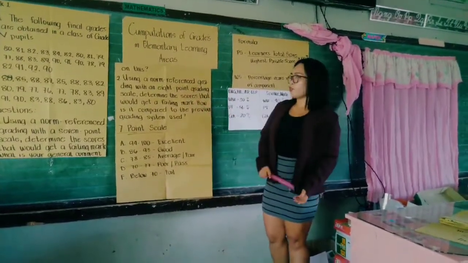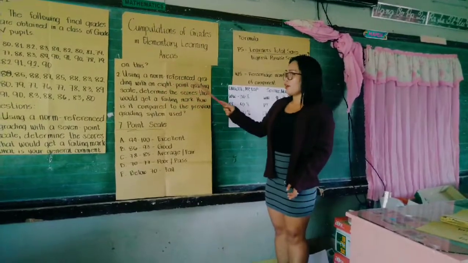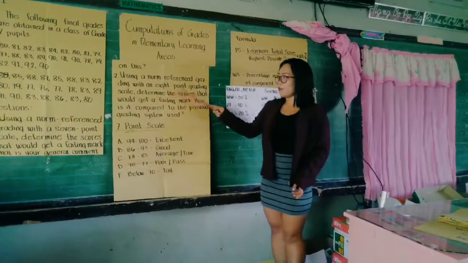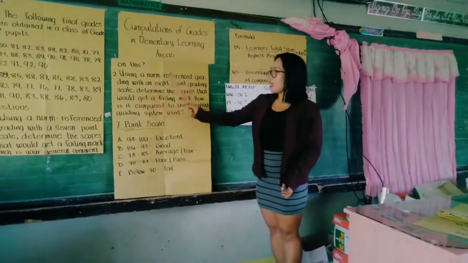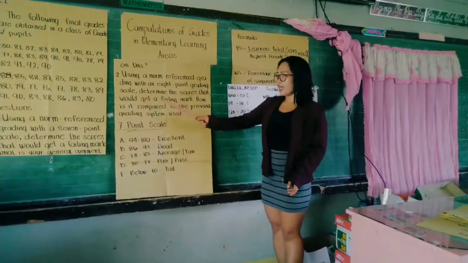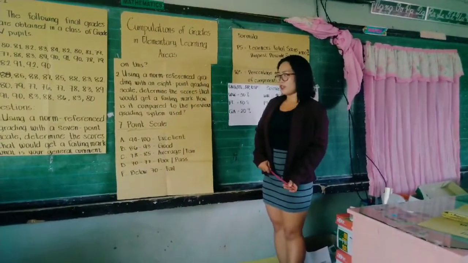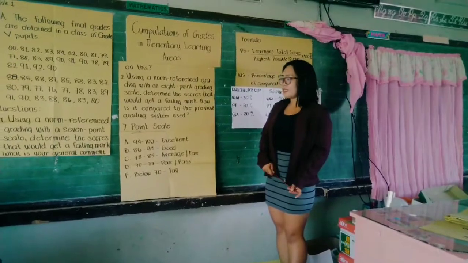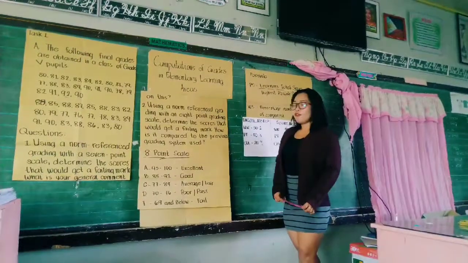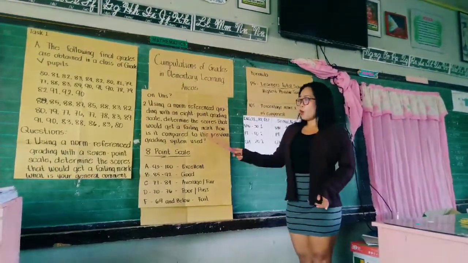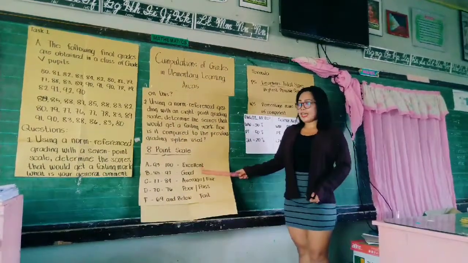For question number 2, using a norm reference grading with an 8-point grading scale, determine the scores that would get a failing mark. How is it compared to the previous grading system used? Again, for question number 2, I am going to use the 8-point grading scale.